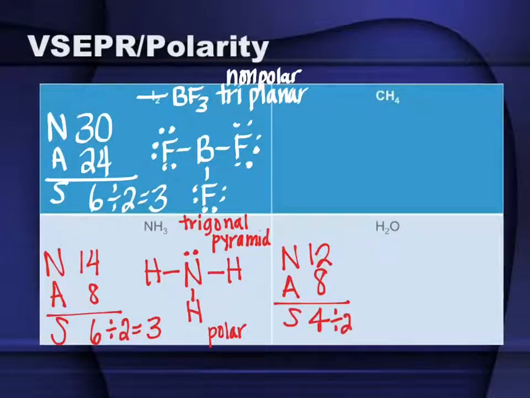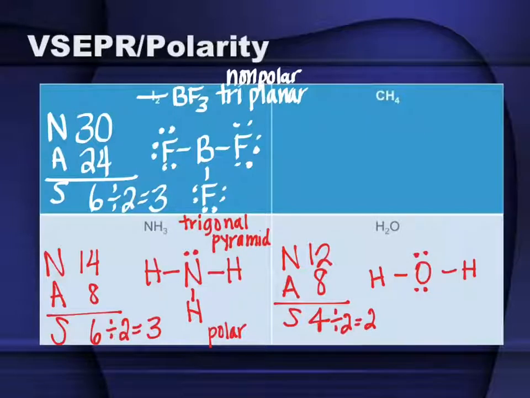Divided by 2 tells me there are 2 bonds. All right? Oxygen, hydrogen, hydrogen. Hydrogen's happy. I've used 4 of my electrons. The other 4 electrons go on oxygen.